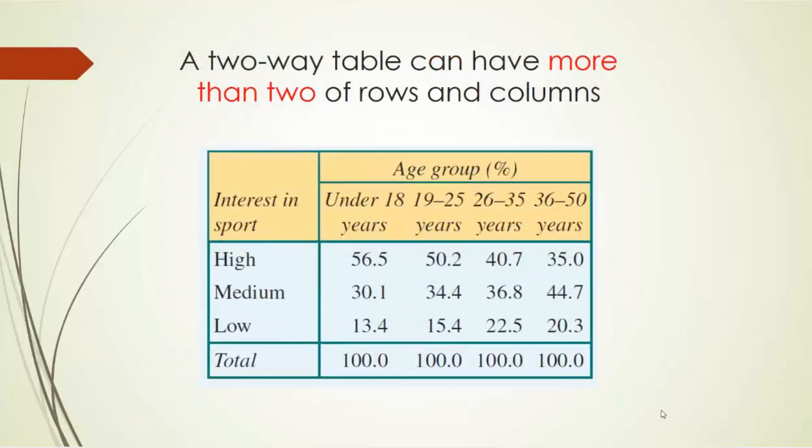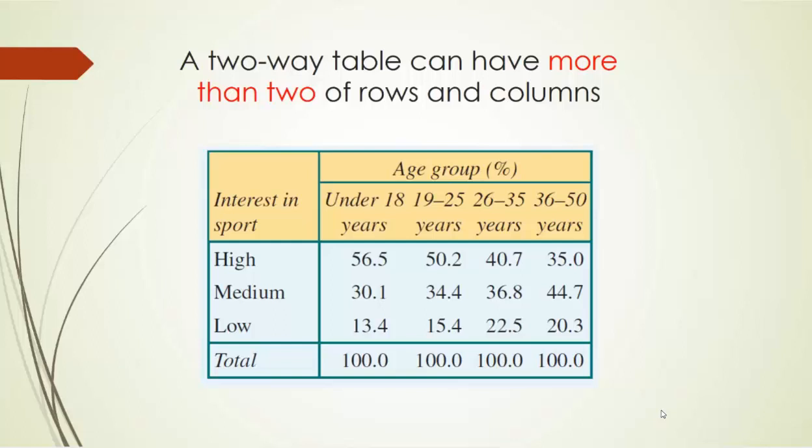Here's what I said earlier. A two-way table can have more than 2 rows, more than 2 columns. This one's got 3 columns and 3 rows. Hope you know which is the difference. So age is the explanatory variable, and it's been split up into 4 age groups.